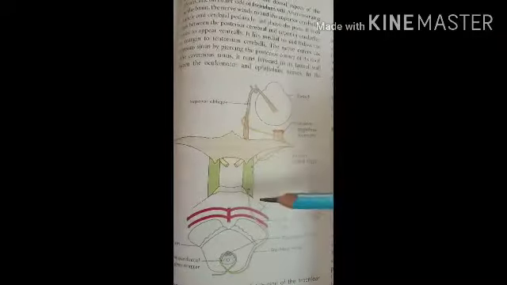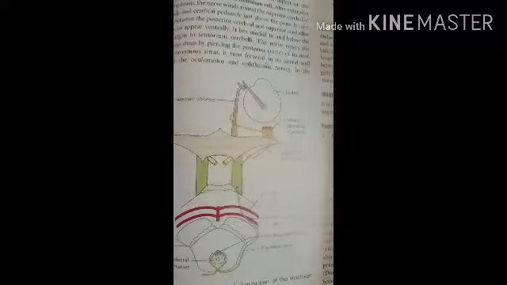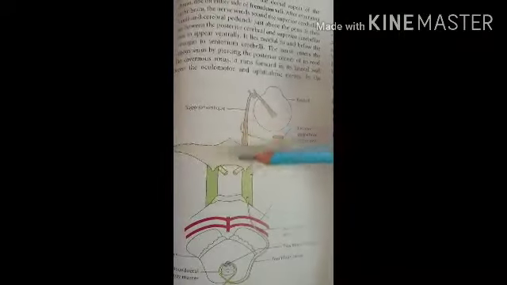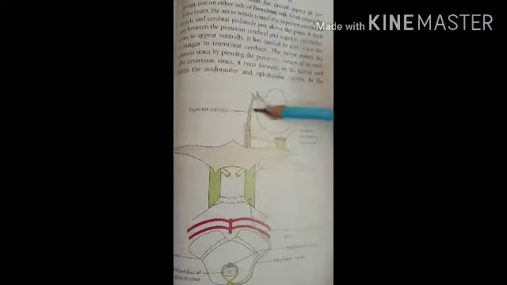Then the clinical application related to the trochlear nerve. If a lesion of the trochlear nerve occurs, it can cause paralysis of the superior oblique muscle and show clinical symptoms such as extorsion of the eyeball and weakness of downward gaze. As a result, the patient faces difficulty while going downstairs or reading the newspaper.